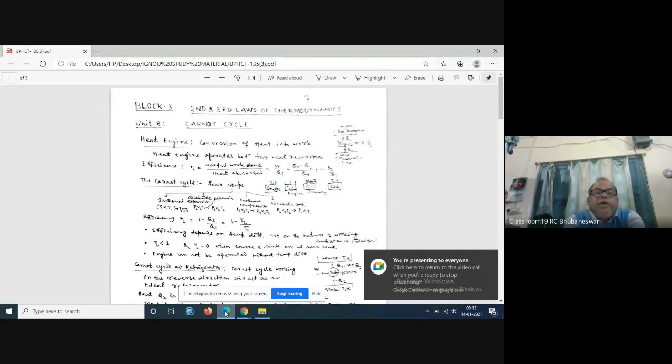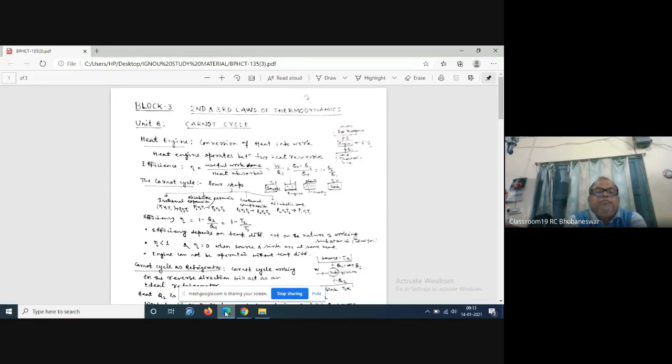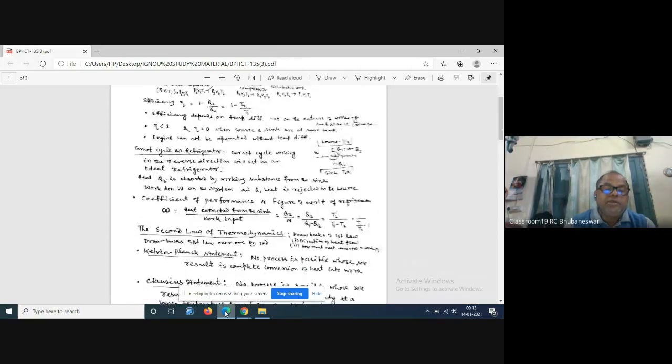It contains 4 units. In the first unit, that is Unit 8, we will discuss the Carnot cycle, Carnot engine, refrigerator, second law of thermodynamics, etc.